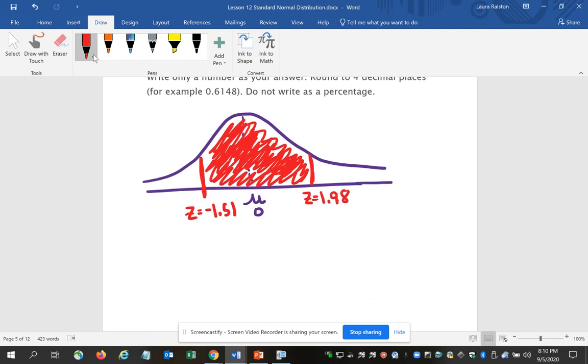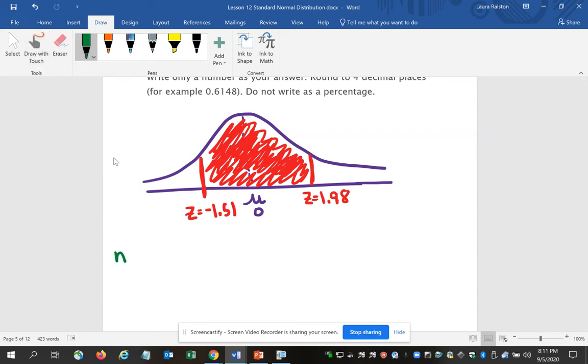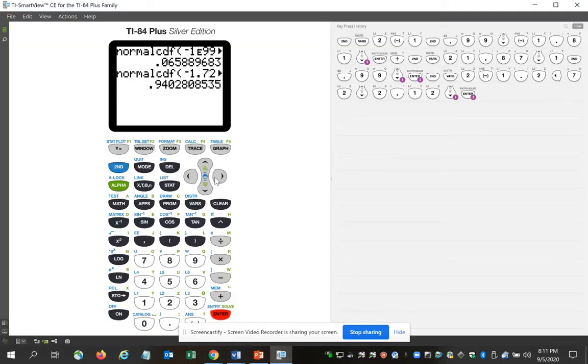I'm still going to use my normalCDF command. So I have normalCDF beginning at the left with negative 1.51, going to the value on the right of 1.98. Mean is 0. Standard deviation is 1. Okay, so here we go.